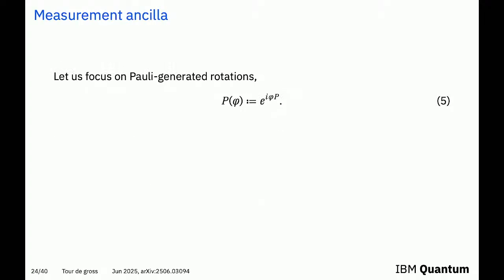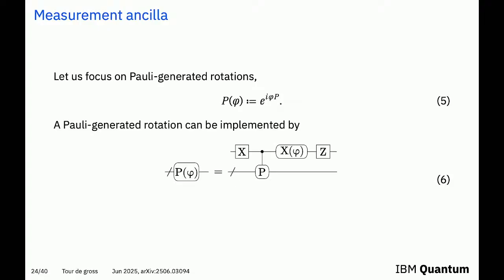So out of the two, let's look first at the more interesting case, which are these Pauli-generated rotations, e to the i phi P. Such a rotation we can decompose using an ancilla qubit. We can put the rotation angle onto the ancilla and control on the ancilla and apply this P unitary.